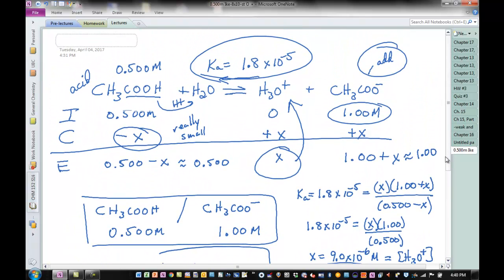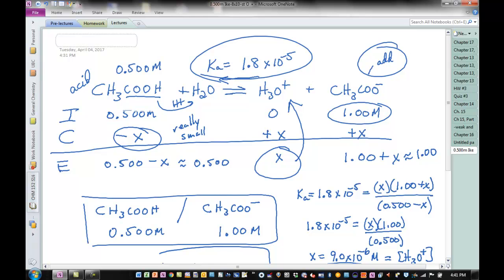But they have to be related in the sense that they need to be a conjugate acid-base pair, because what's going to happen if I add strong acid is that it's going to react with the base and produce the conjugate acid. So if I add strong acid, the conjugate base part of the buffer is going to react and produce the conjugate acid. So they need to be a conjugate acid-base pair.